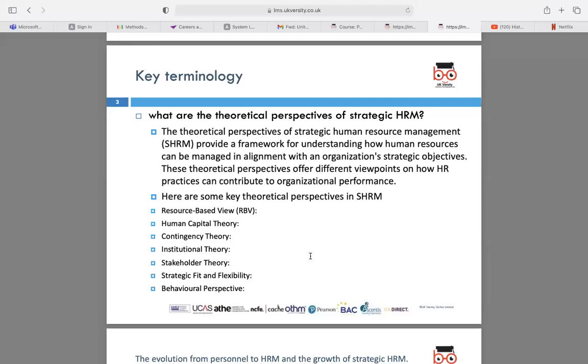Coming to stakeholder theory, it again talks about the relationship that a business or an organization has with its customers, its suppliers, its investors, and basically the community around it. So stakeholder theory focuses on not just making business decisions for the shareholders in the company.